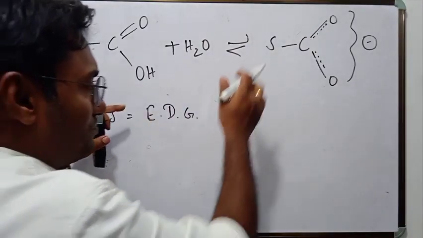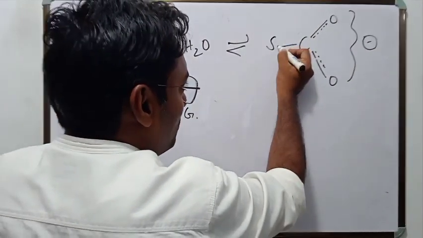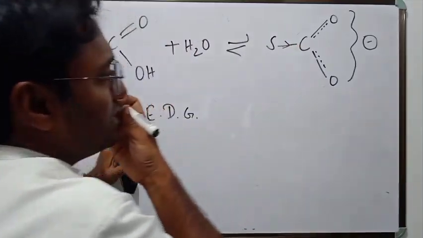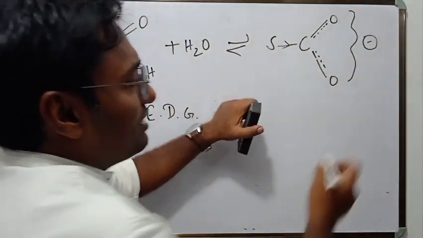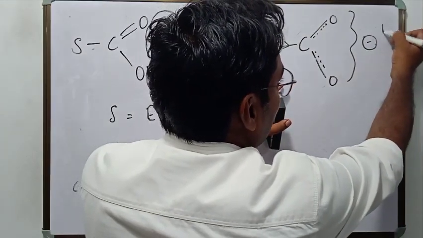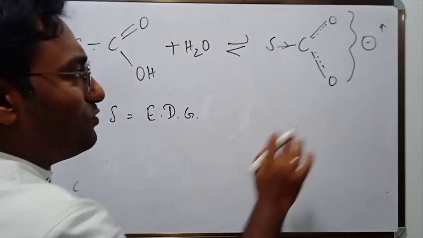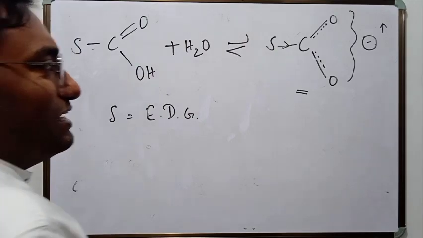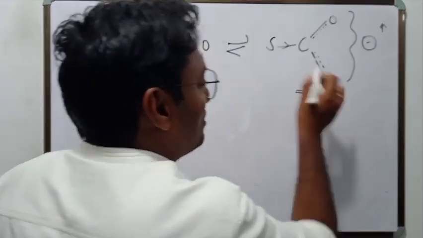So suppose S is an electron donating group. What would happen? It would donate electrons. The magnitude of the negative charge here will increase. That would make the carboxylate salt very unstable and very reactive.